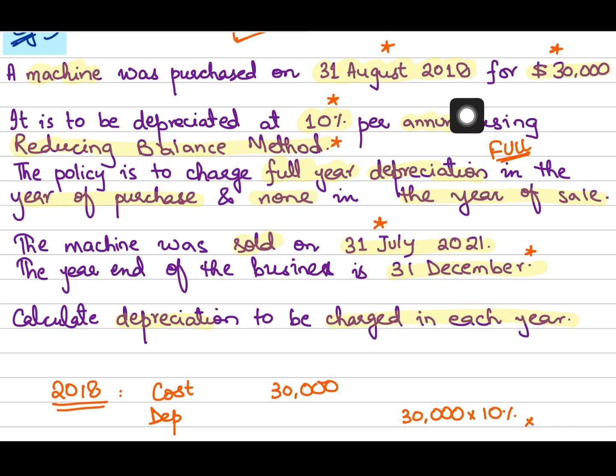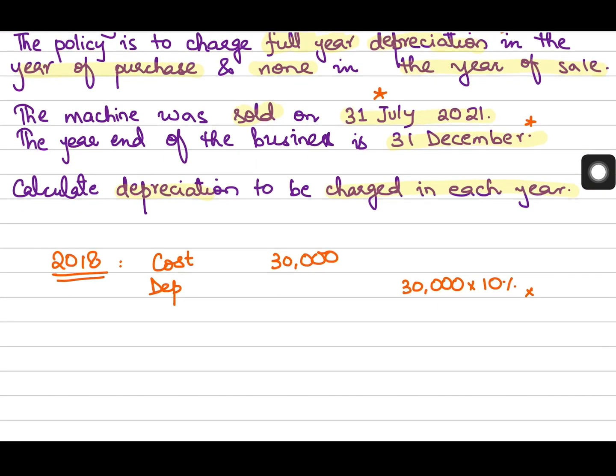No, I cannot do this, because I know the policy is full year policy, that is full year depreciation in the year of purchase. So, even if this was purchased just 4 months before the end of the year, I will be charging depreciation for the full 12 months. So, I do not have to multiply it according to the months, and this will give me a depreciation of $3,000 for the full year in the year of purchase, which means that my net book value will be $27,000 at the end of year 1.